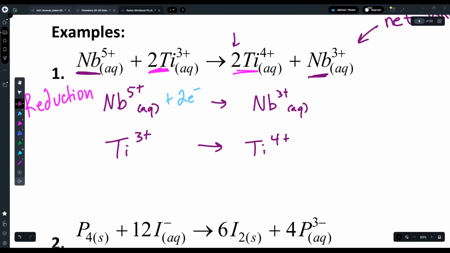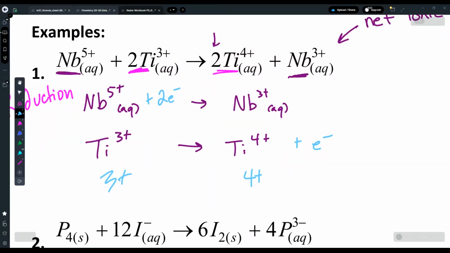So, looking at the charges of each side now. I've got a 3+ charge on my reactant side, and I've got a 4+ charge on my product side. So we're going to go to the more positive side, and we're going to add our electrons there. I only need to add 1 electron to bring that down to 3+.